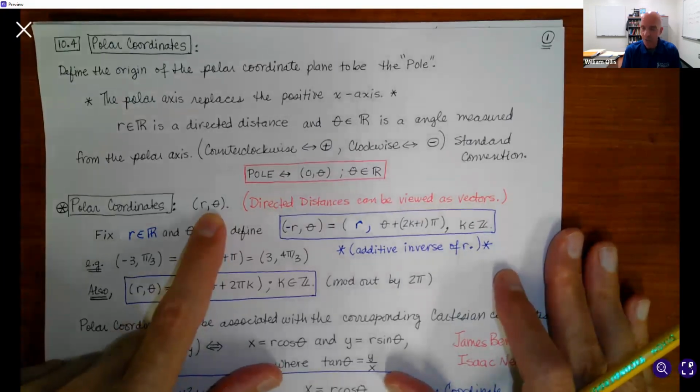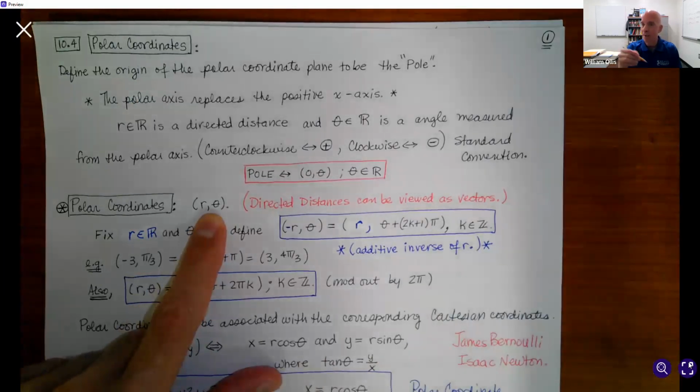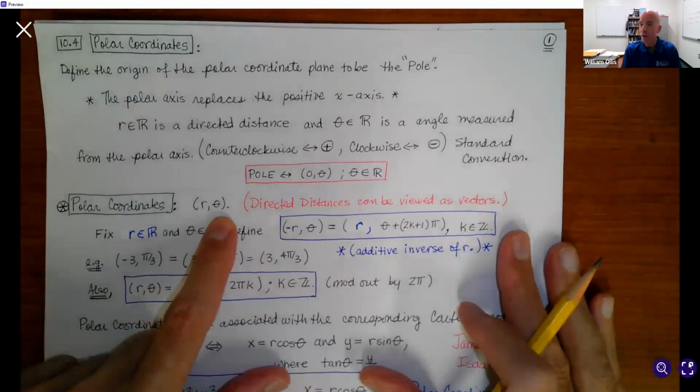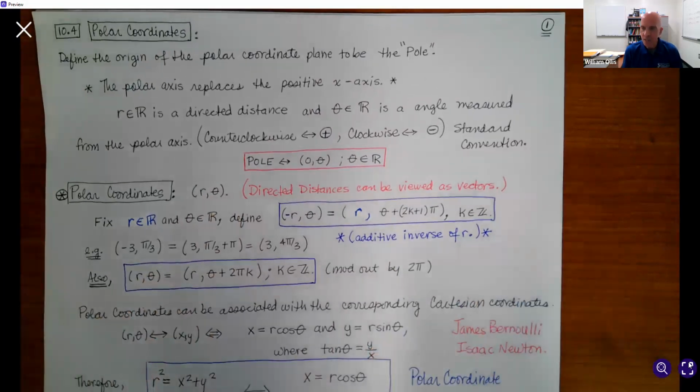So when we think about the coordinate pair in Cartesian, we think x, y. When we think of the coordinate pair for polar coordinates, we think r, theta, r comma theta. Now, what's interesting about the polar coordinates is the directed distance aspect. So we can think truly of r theta as being a point in the plane.